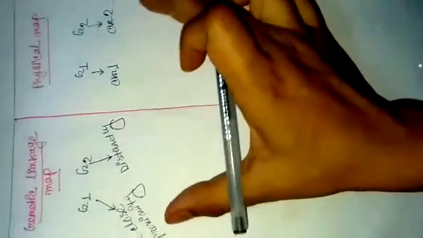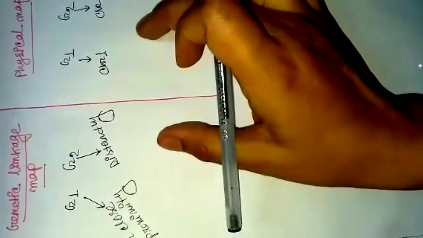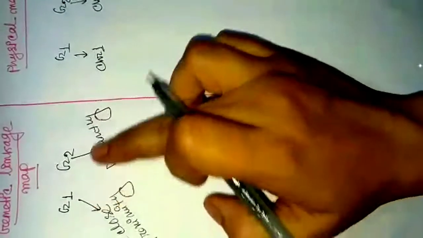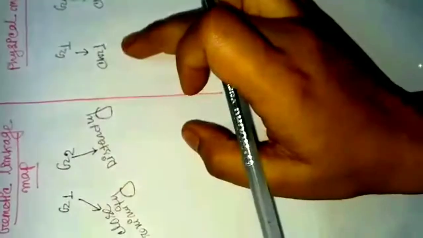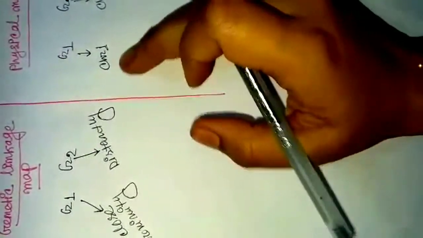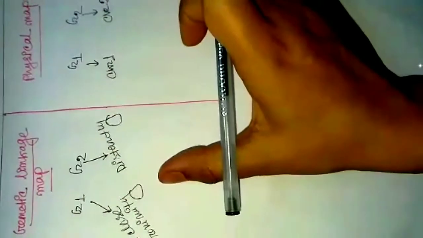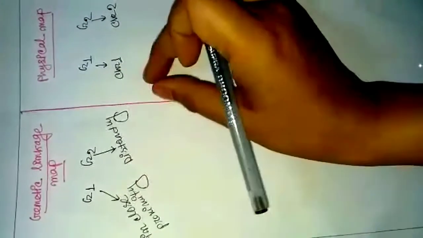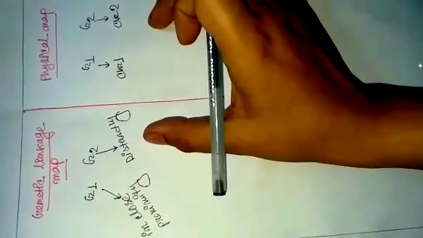If we combine these two mappings, we can tell on which chromosome these two genes are present, and also what the relative distance of these two genes is with each other.